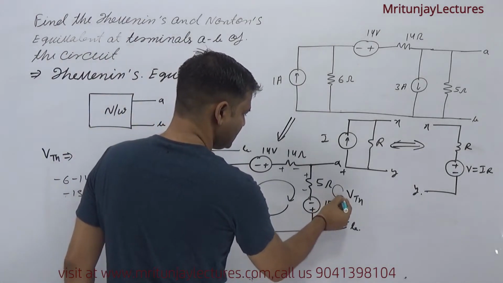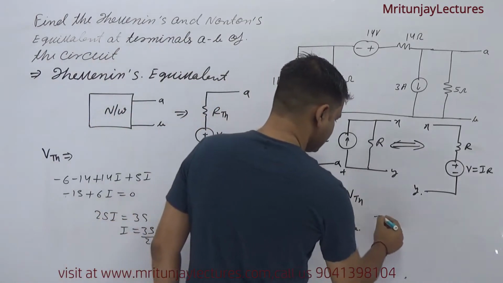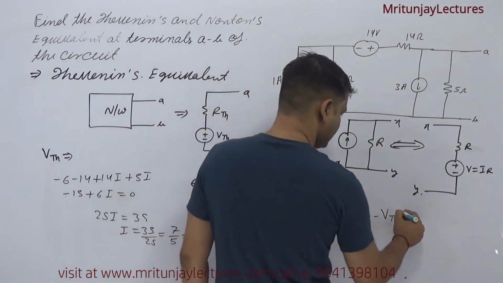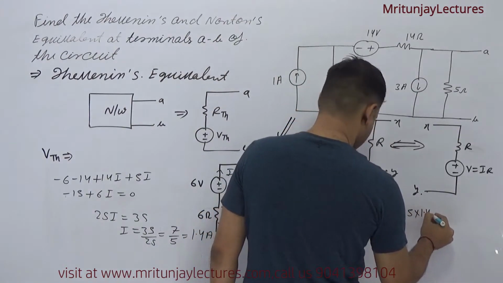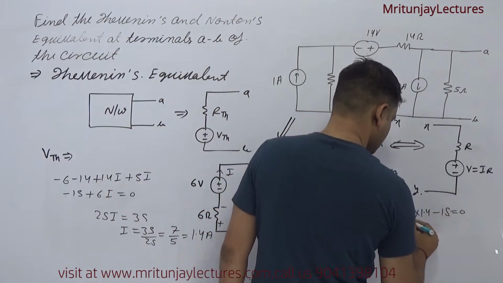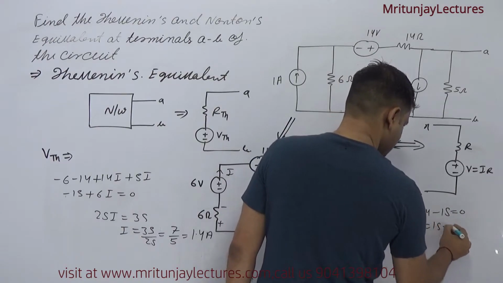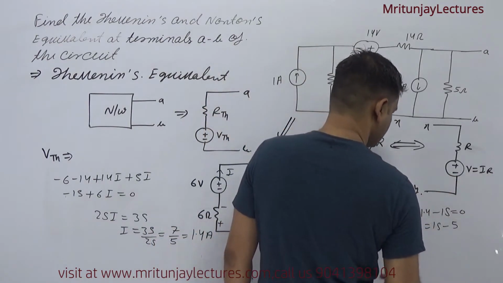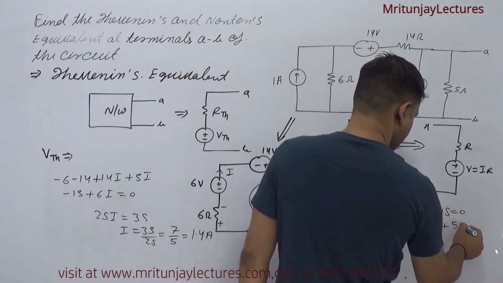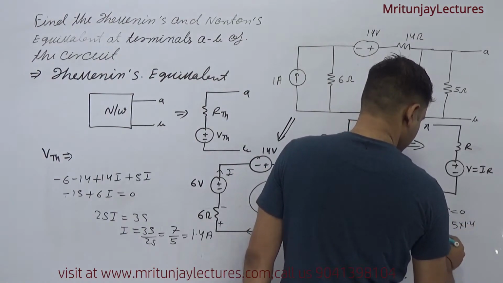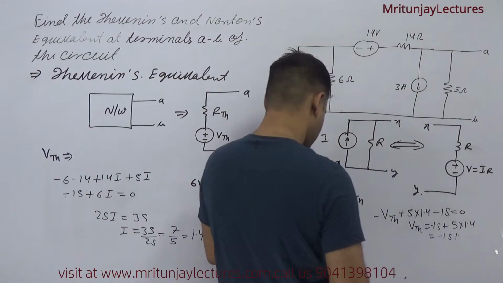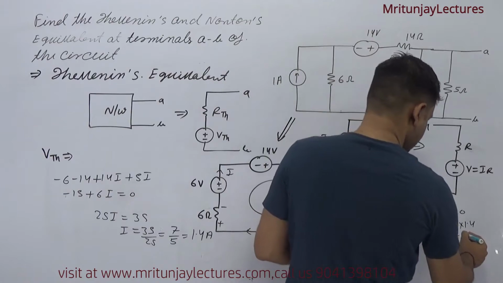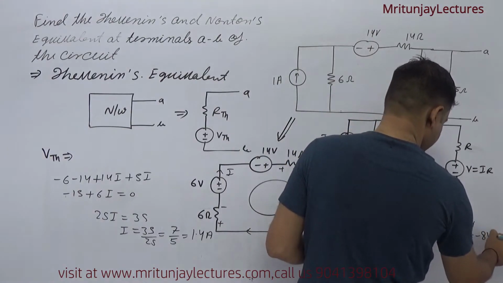Now apply KVL in this loop. Minus to plus, minus VTH. The direction of current is positive to negative, so 5 into 1.4 minus 15 equals 0. So VTH, if VTH is going this way, is minus 15 plus 5 into 1.4, that is 7, so minus 8 volt.